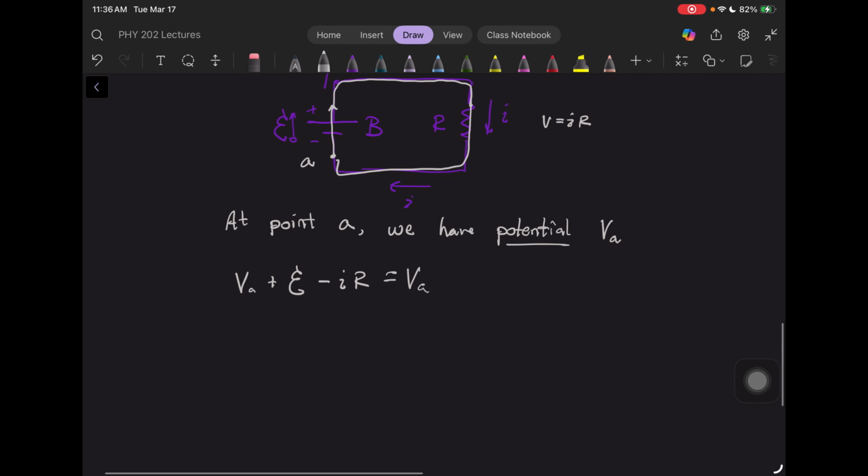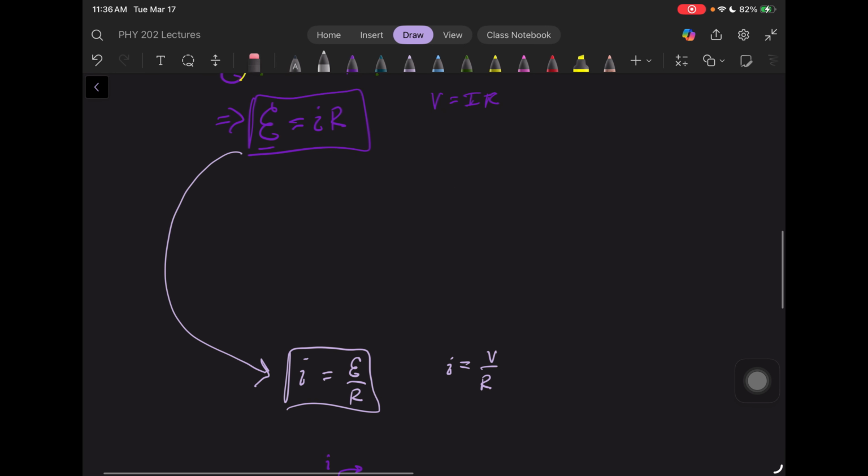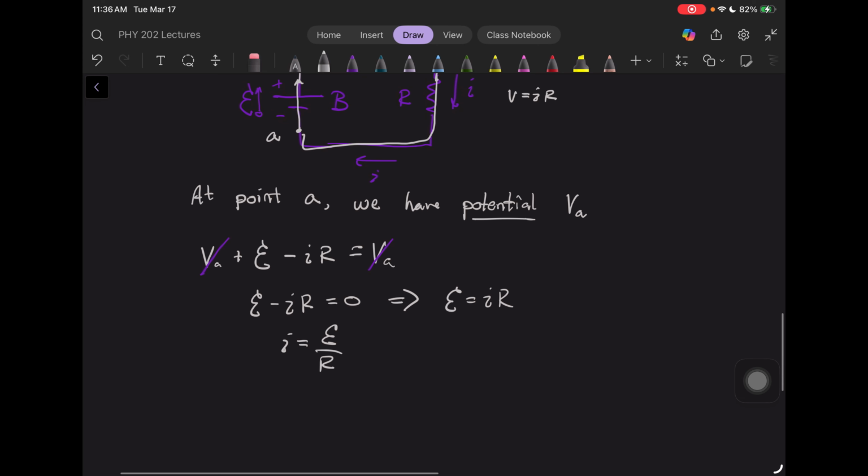If we look at this equation, we can cancel a VA on either side. And so we get E minus IR is equal to 0, which we can rewrite as E is equal to IR, or I is equal to EMF over R. So there are two different ideas for how we can get there.